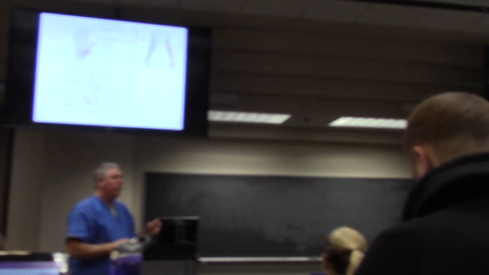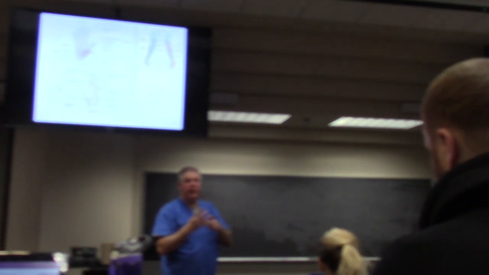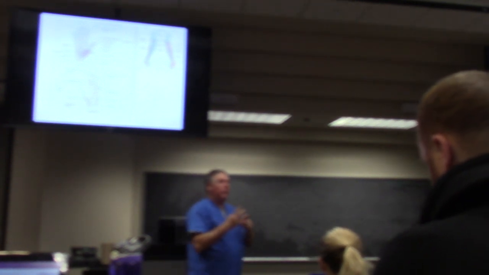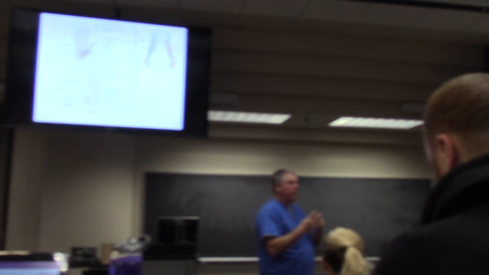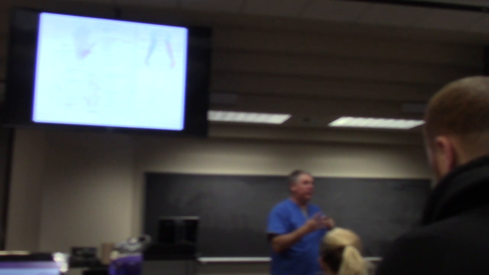And by the way, anytime somebody has a laceration, you always want to check 4 things. You want to check for range of motion. You want to check for strength, which tells you that the innervation is intact. You want to confirm that with sensation. You want to check sensation distal to the laceration.